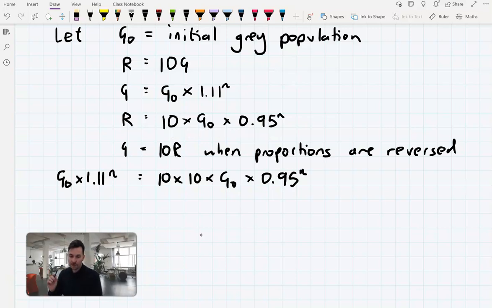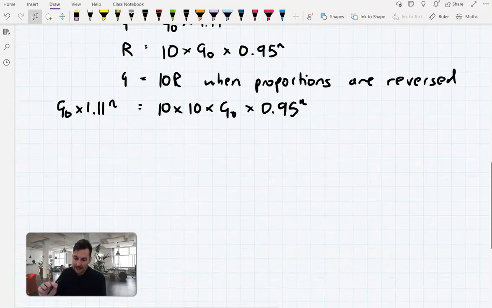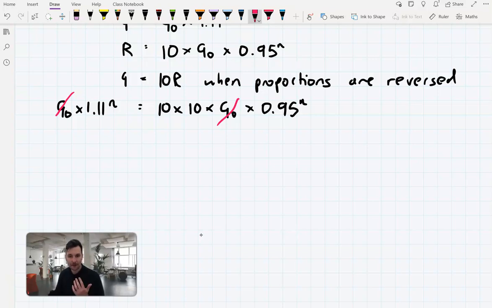Okay, so what we've done there, we've still got our n in there as an unknown, the thing that we're going to solve for. But the neat thing that we've done there is that we've got that initial population on both sides of the equal sign. So if I divide both sides by g0, because every term is being multiplied, I can cancel both of those off.